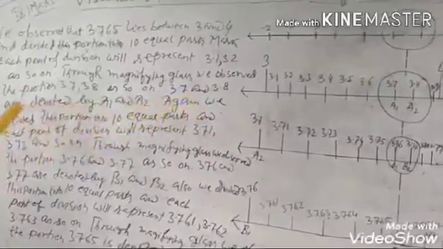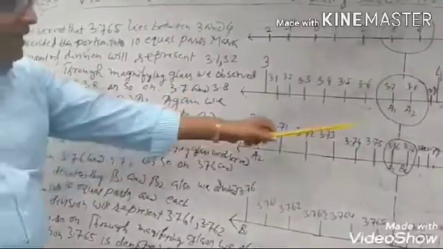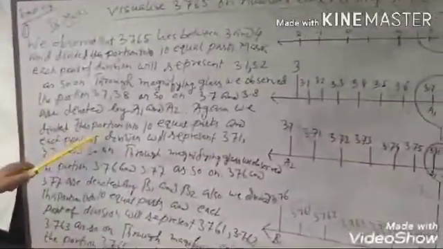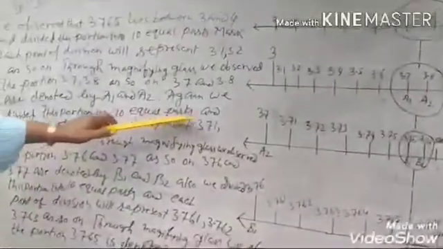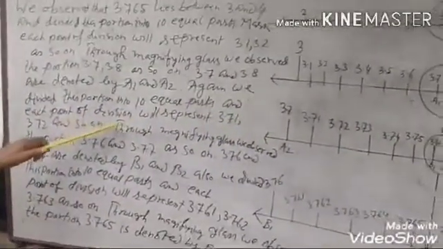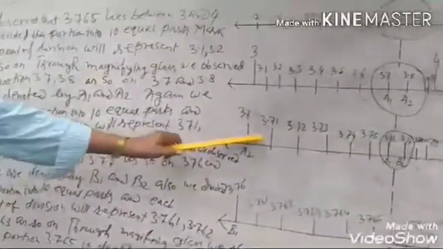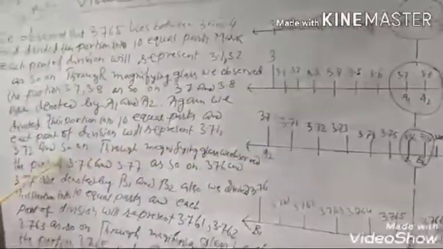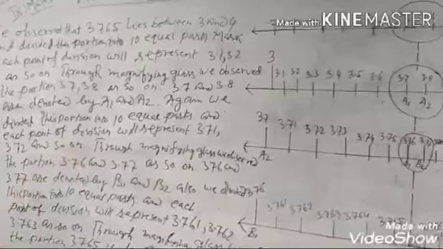So 3.7 and 3.8 are denoted by A1, A2. Again, we divide this portion into 10 equal parts in the third figure, and each point of division will represent 3.71, 3.72 and so on.